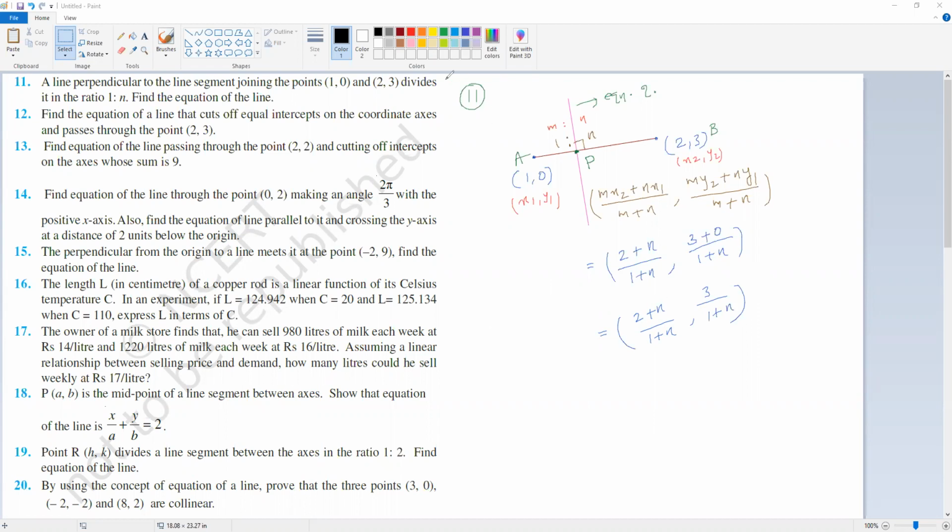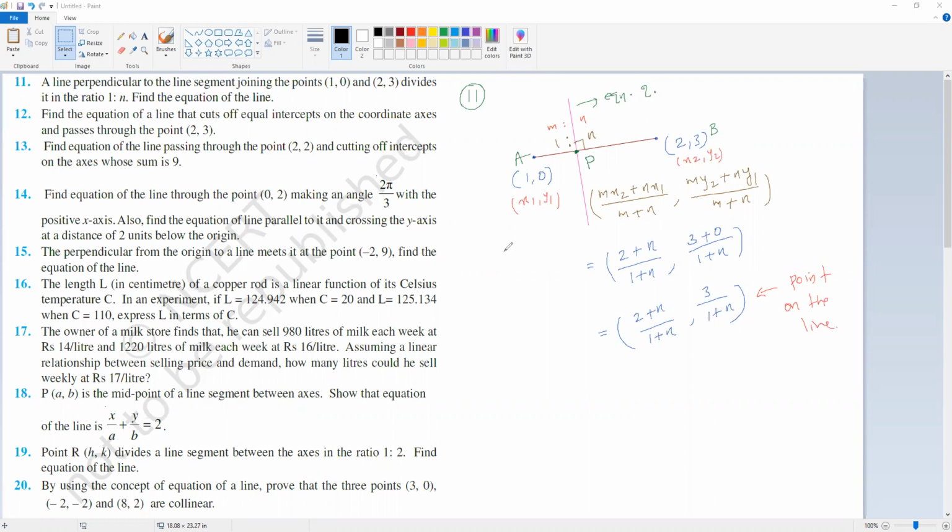If they gave us the value of n, we would get a exact point, but here they generally give 1 is to n, so we get it in terms of n. So that is the coordinate of that point. So we got a point on the line.